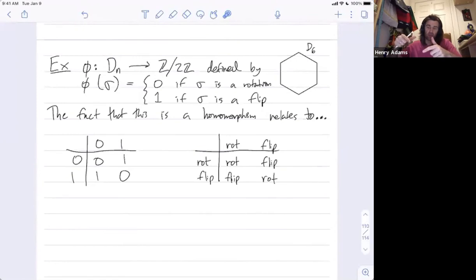But if I do 1 flip and then another flip, that's always a rotation. If I do a flip and then a different flip, that's just the same as a rotation.